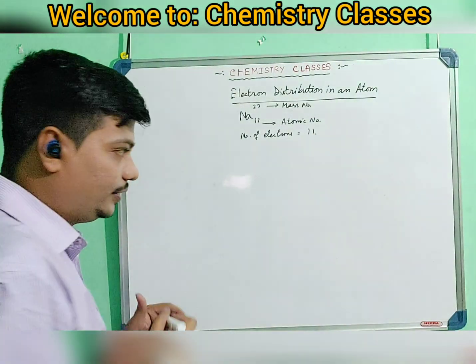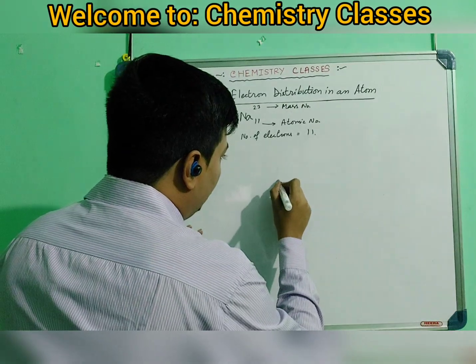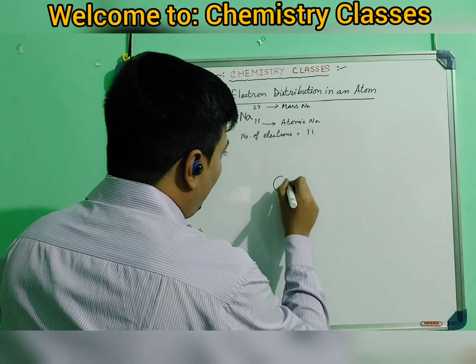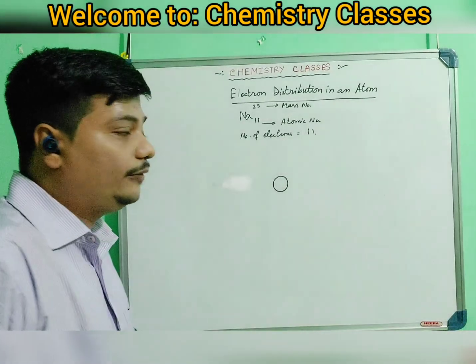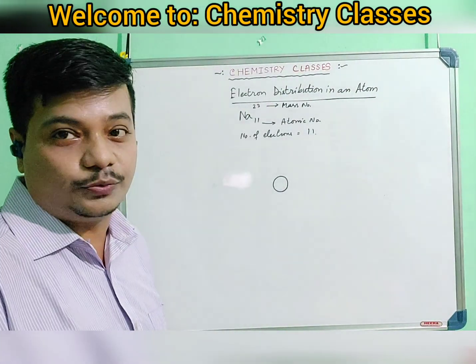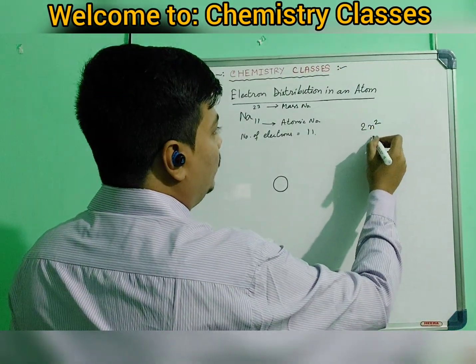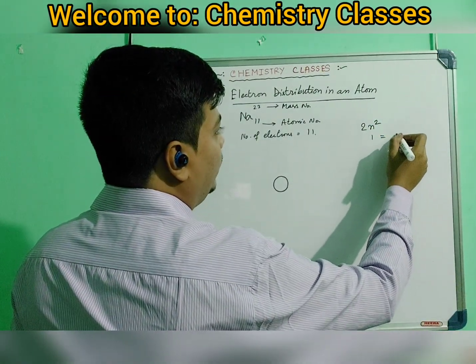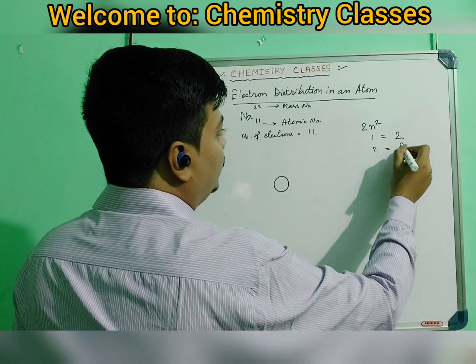So how will I draw it? For that, I will have to use the formula 2n square to find the electron distribution. For n equals 1, it will be 2. For n equals 2, it will be 8.